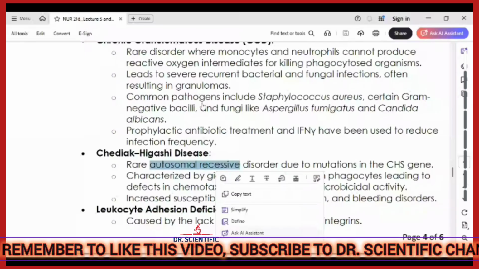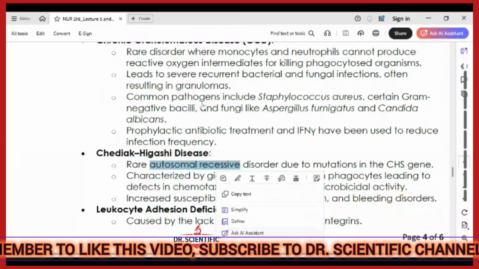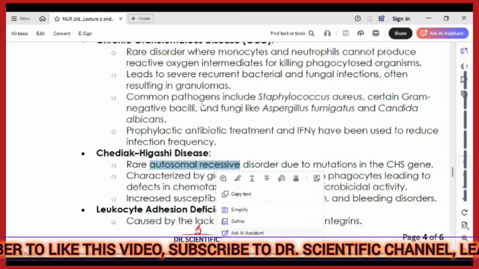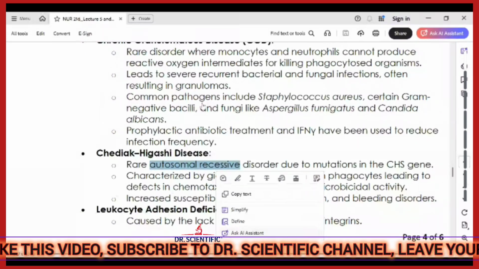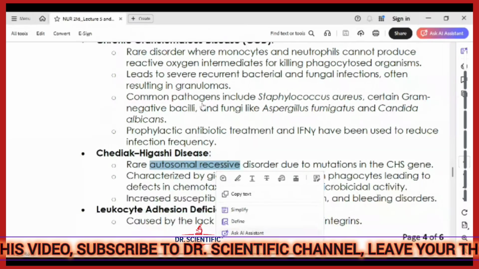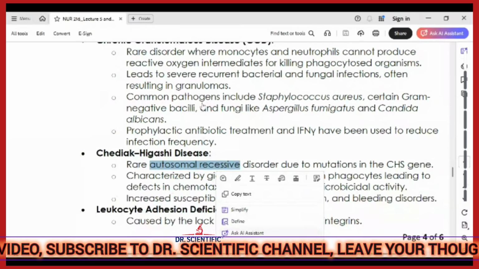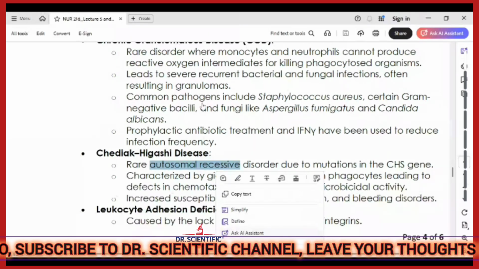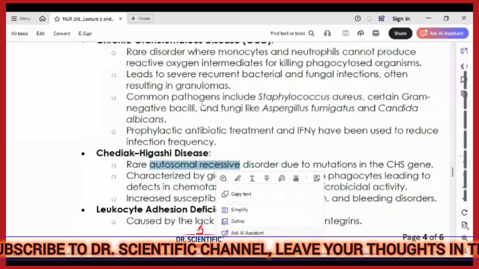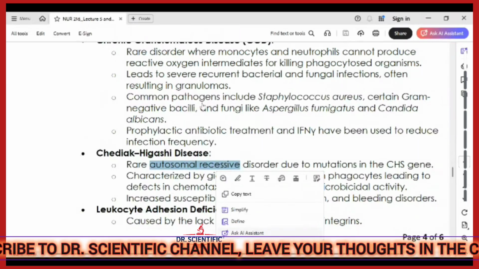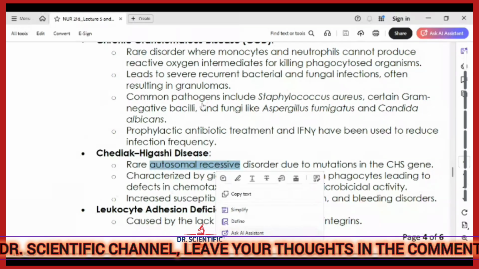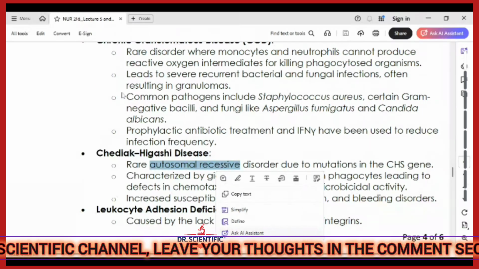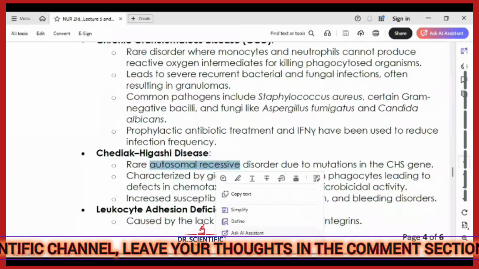It's just like sickle cell, a recessive condition. Both parents have to be carriers, and the offspring has to inherit both mutant alleles for expression to occur. If that doesn't happen, they will not phenotypically express the condition. So that is what we mean.